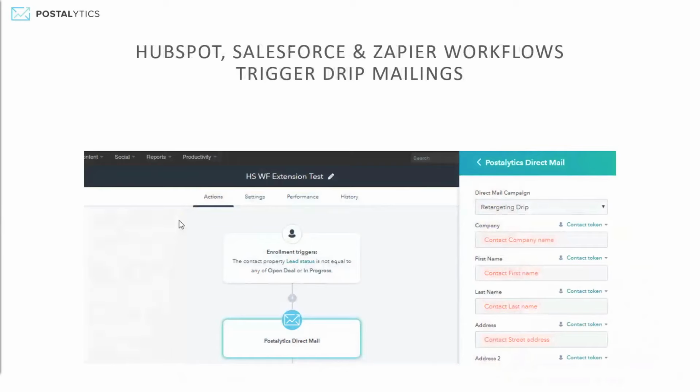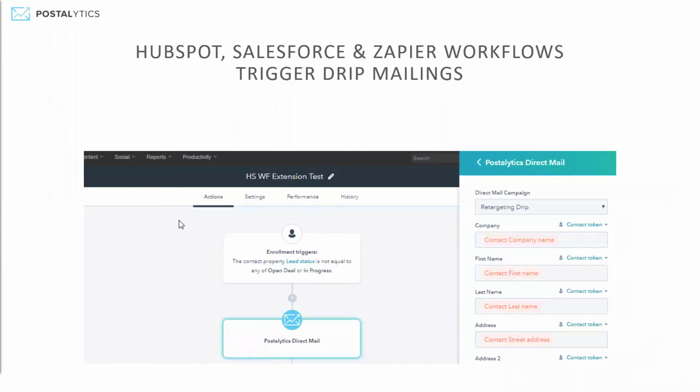The workflow power that exists in marketing automation is something that has really changed the game for so many marketers. And so our ability to trigger individual pieces of mail out when workflow steps are reached is a total game changer.